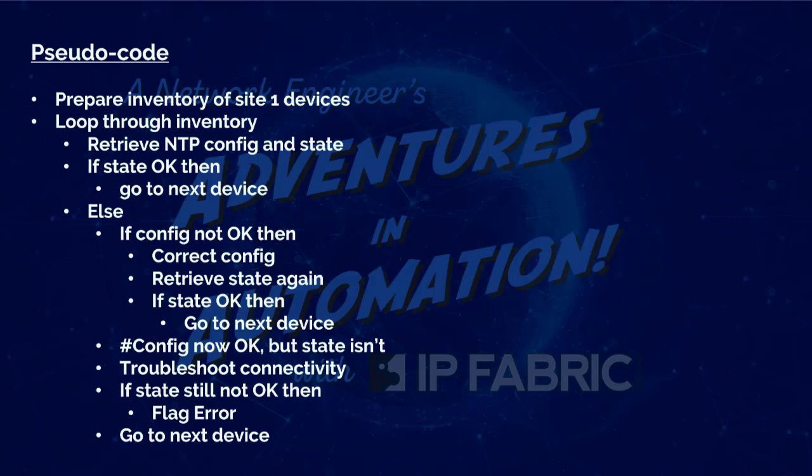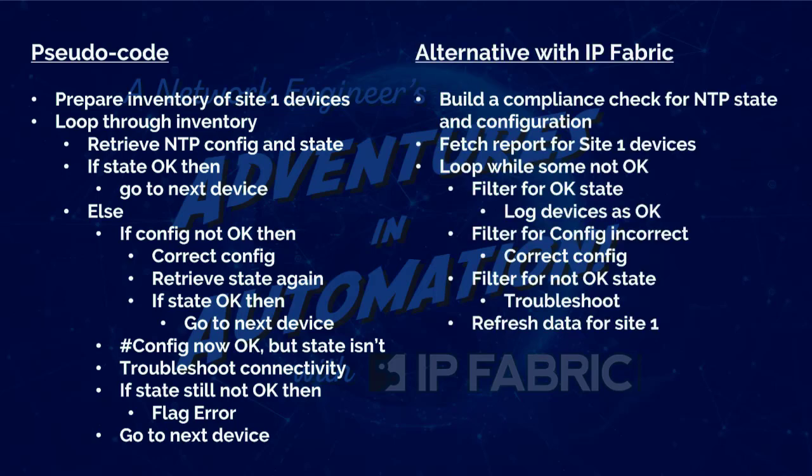Alternatively, what we might choose to do is not use the same process at all. If we've got a different type of information source, we can approach it in a completely different way. So for example, we've got IP Fabric and all of that state and configuration information already gathered. What we can actually do is build a compliance check within IP Fabric that every time the discovery is done, every time the data is captured, it automatically checks the state and the configuration and builds a report internally.